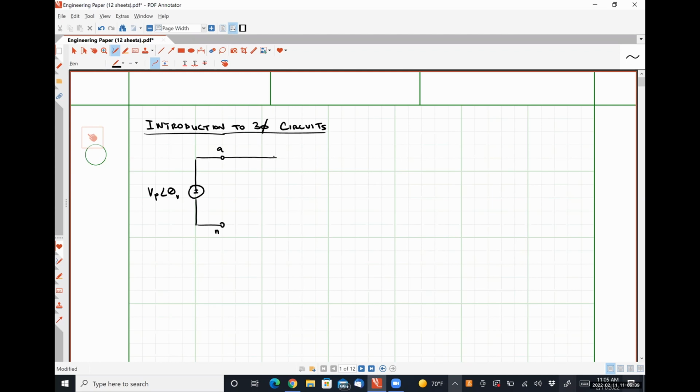And then we have a wire, which in truth will likely have some impedance, but I'm not going to draw that currently because it's not adding anything to the conversation. And over here on the right, we have some load ZL.